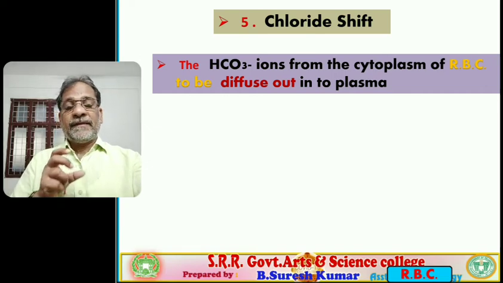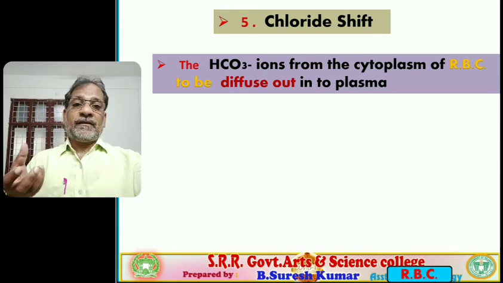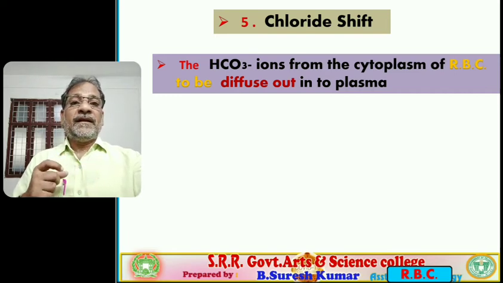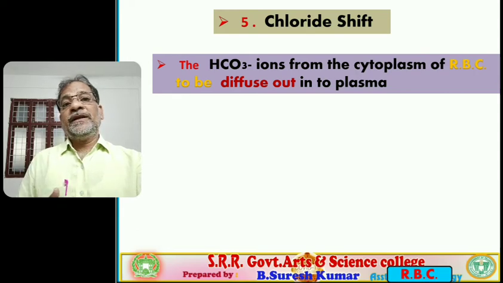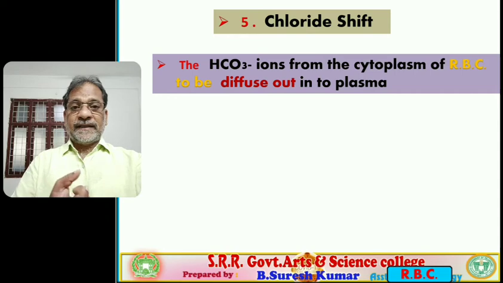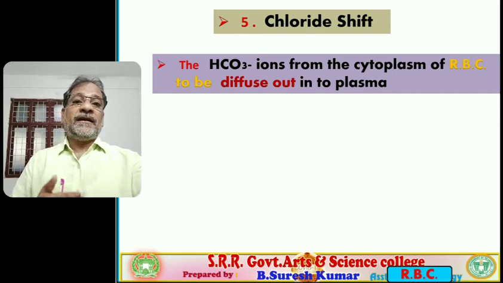Suppose HCO3 minus ions diffuse into plasma in a greater fashion. What happens? The plasma receives more HCO3 minus ions, and in the cytoplasm their level decreases. The electrical balance is disturbed between plasma and the cytoplasm of the RBC, which would cause abnormal effects.